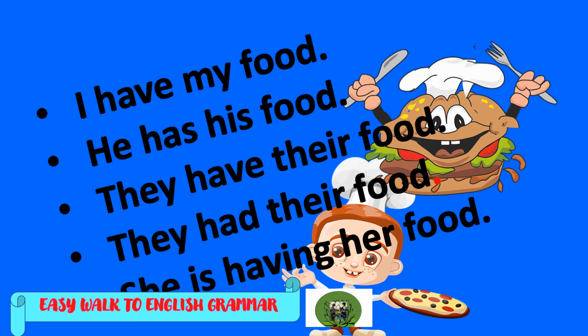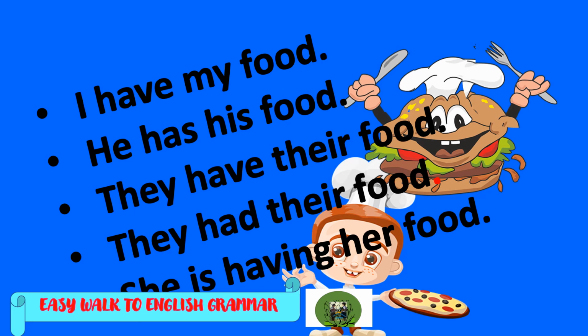The last sentence, she is having her food. It indicates a continuous action. Means the action is going on. It's continuing. She is having her food. In order to tell about that continuous action related to eating food, we used the ing form of have.